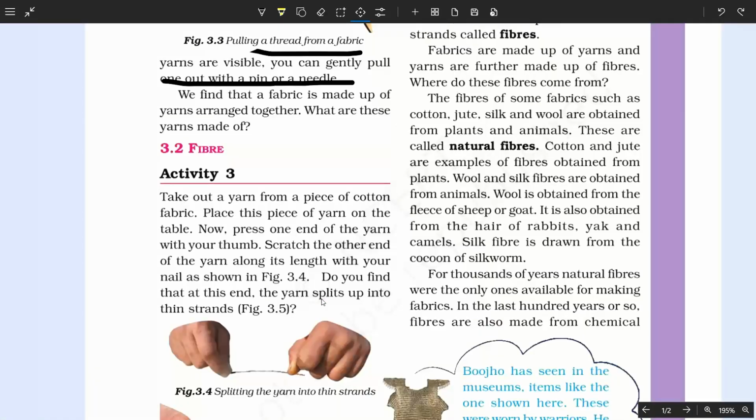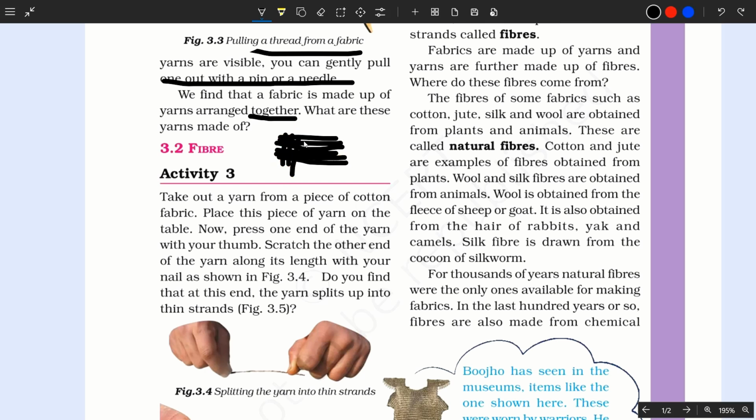Next, we find that a fabric is made up of yarns arranged together. One by one they are arranged in a line like this. You can see how they are arranged only from closer, but you can't see it from far.